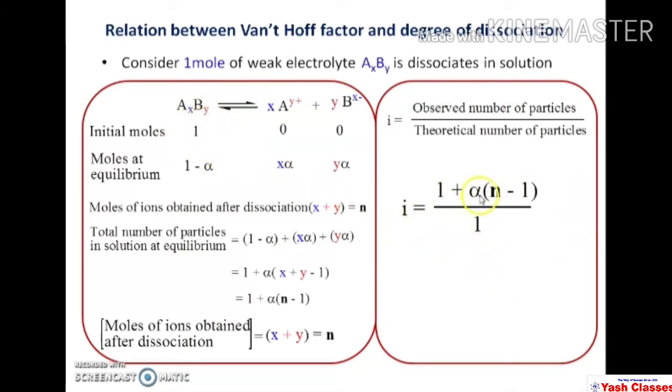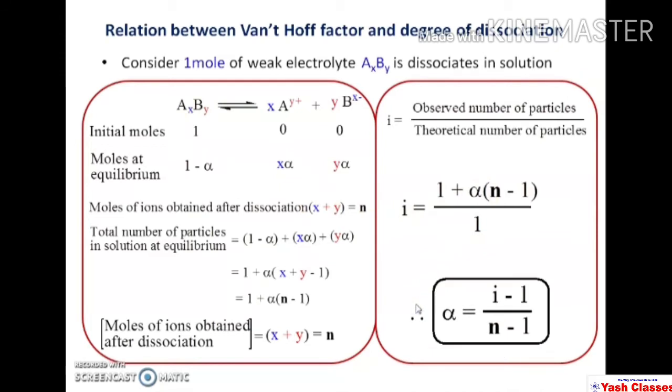So i is given by this relation, and therefore alpha is equal to i minus 1 upon n minus 1. So when this equation is written for alpha, it comes alpha is equal to i minus 1 upon n minus 1.